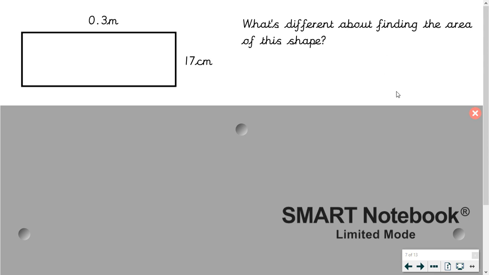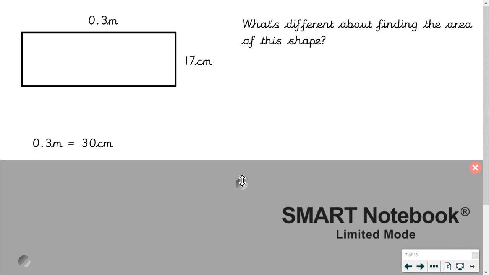Sometimes we'll have areas of shapes that are slightly different. So what do we notice that is different about this shape? We've got 0.3 metres and we've got 17 centimetres. Hopefully we've noticed that the units are different, so we're going to have to do a bit of conversion.